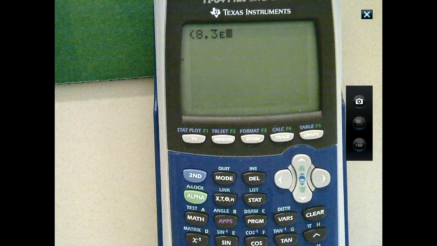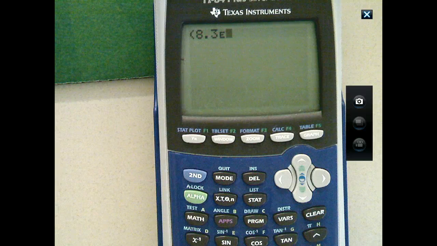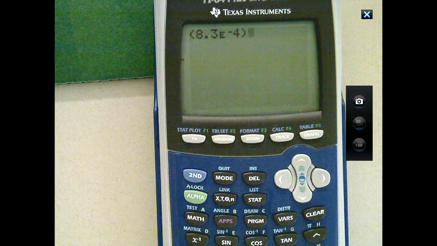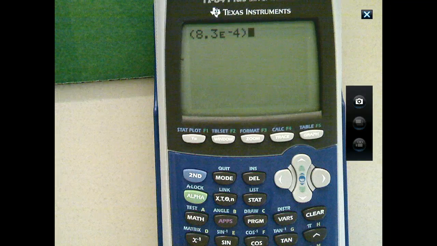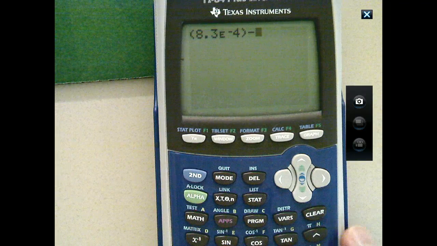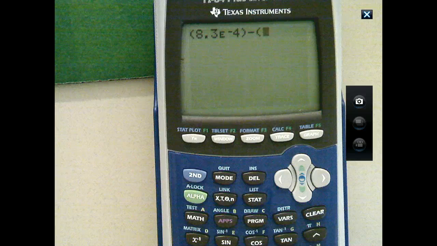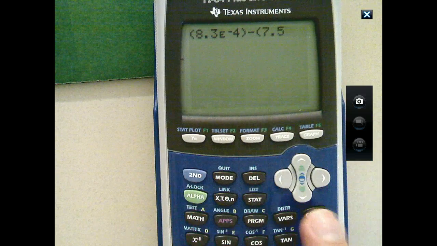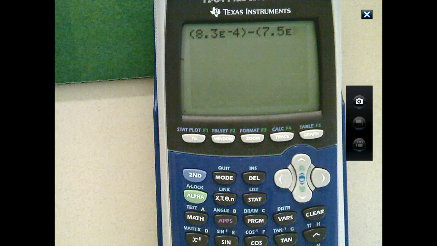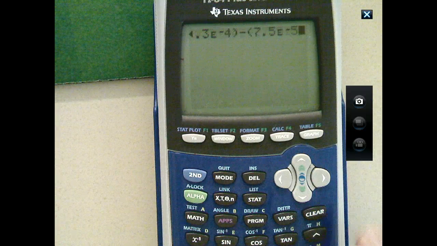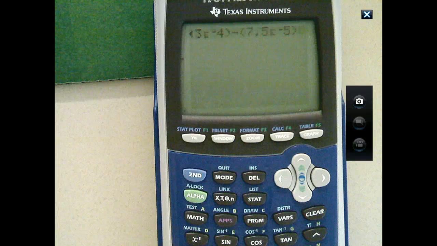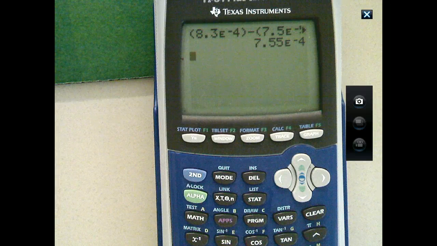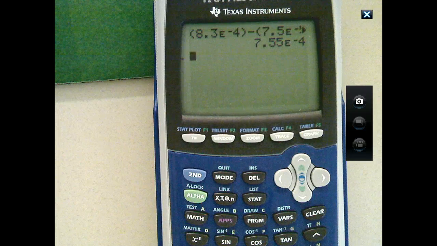That E simply means times 10 to the, and then I fill in negative 4 for the negative fourth power. And I can say minus parentheses 7.5, again second EE, negative fifth. And when I hit enter, it's going to give me 7.55 times 10 to the negative fourth.